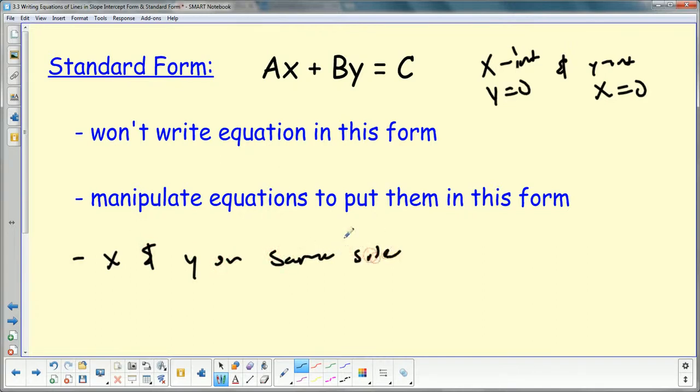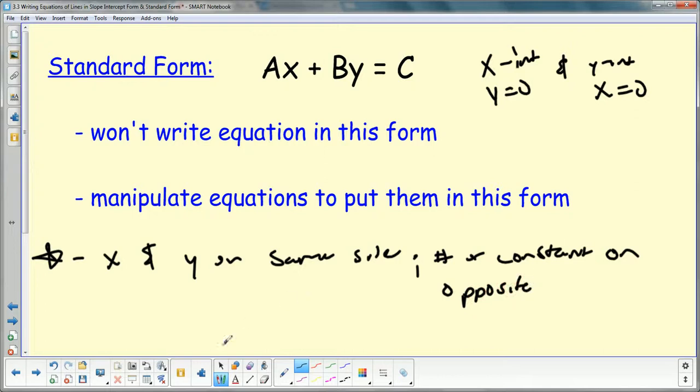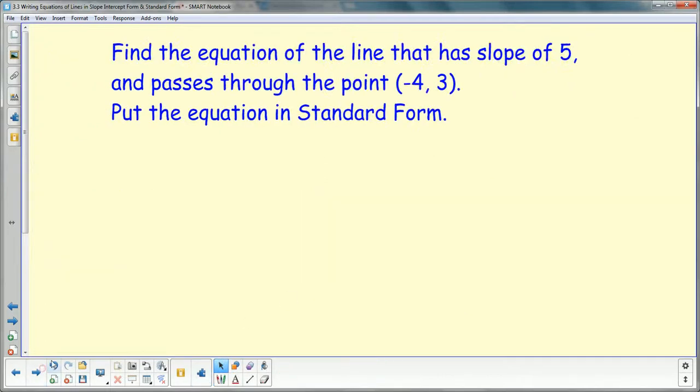So make sure you note the x and the y are on the same side, and the number, or we call that the constant, on the opposite side. And when I say on opposite sides, I'm referring to location of the equal sign. So if we look at an example here, we want an equation that has slope of 5.